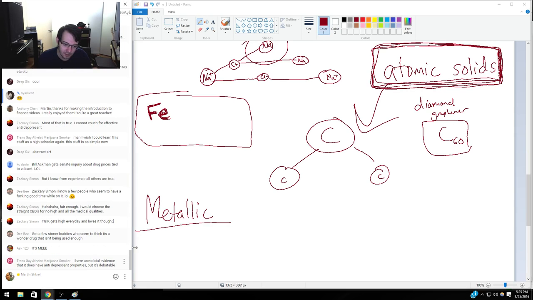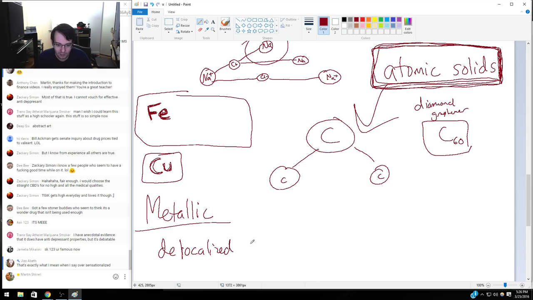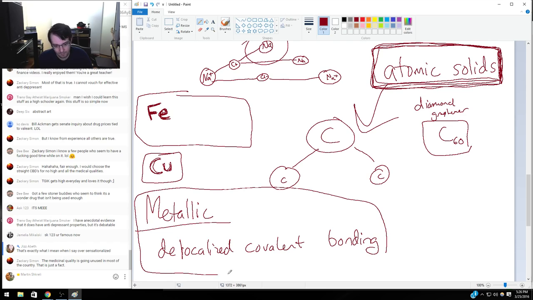That makes sense. Copper wire. And you have just a metallic atomic solid. And the kind of bonding we get, we're going to call delocalized covalent bonding. Why? We'll show you in a minute. We're going to talk about how this happens.